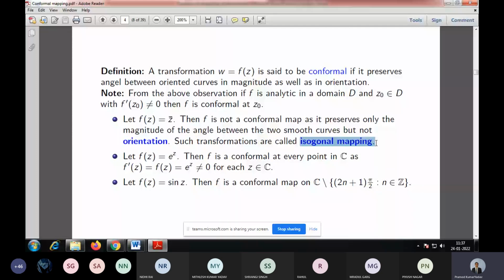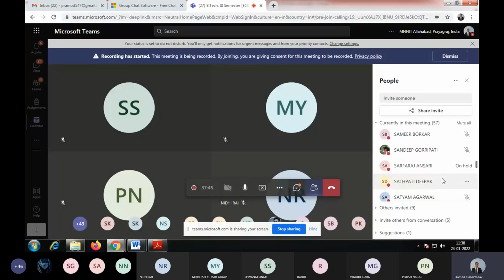Now, e to the power z is a very simple example. Who will tell me? Satyam. Yes, e power z. Conformal mapping or not? Yes, analytic.